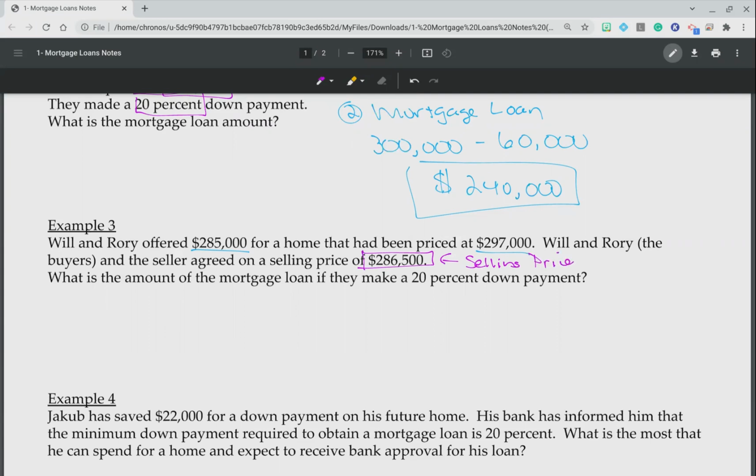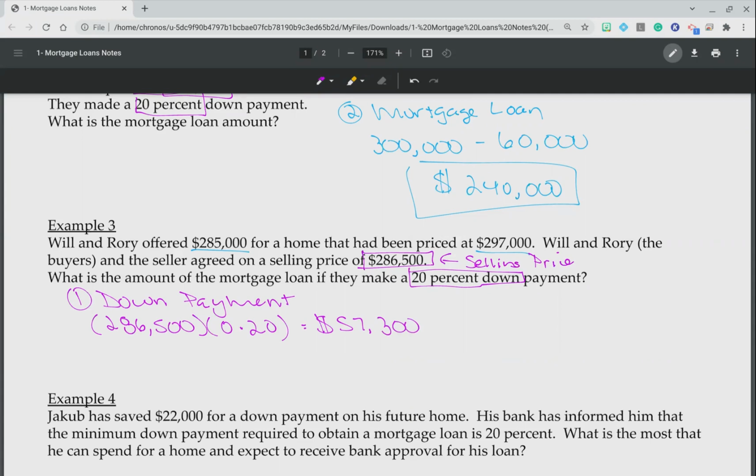Okay. And then it says, what is the mortgage loan if they make a 20% down payment? So again, first I have to figure out my down payment. I'm going to take the selling price and multiply that by 20%, and I got $57,300.